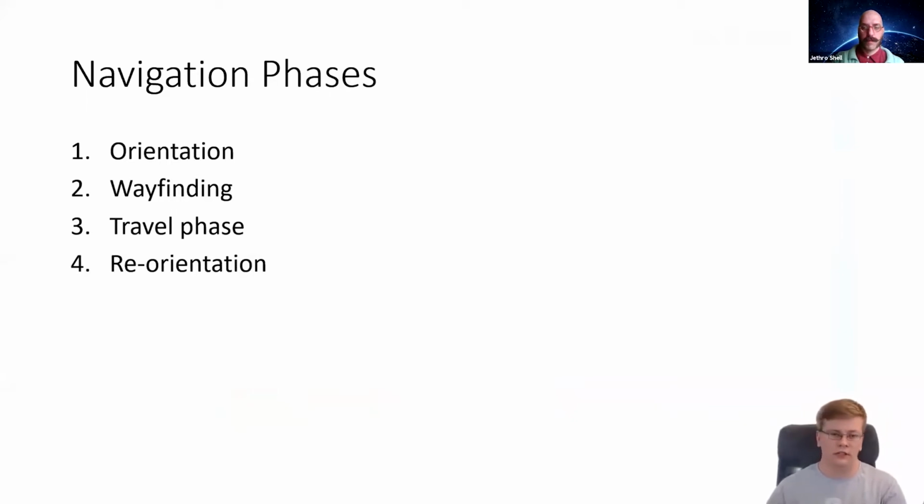First of all, the user has to get an idea where he is relative to the rest of the environment. He then has to plan ahead what he needs to do in order to get to his desired location. Then he actually has to move. And finally, once he reached his desired location, he needs to know where he is relative to where he came from.